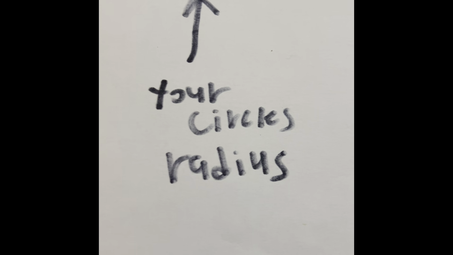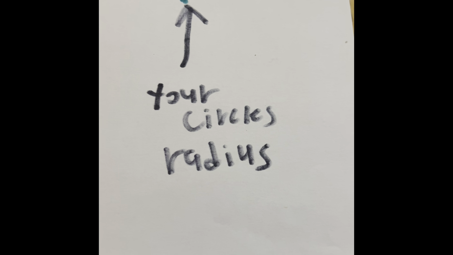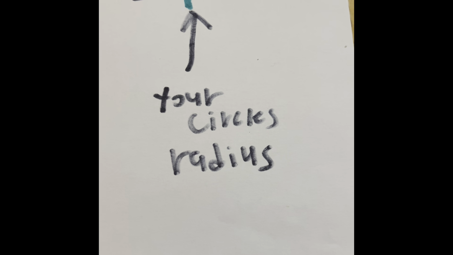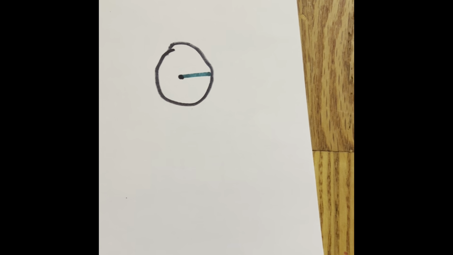And the last one is the r, which represents the radius of the circle. We remember from middle school math that the radius is 1/2 of the diameter of a circle, 1/2 from the center all the way to the edge.